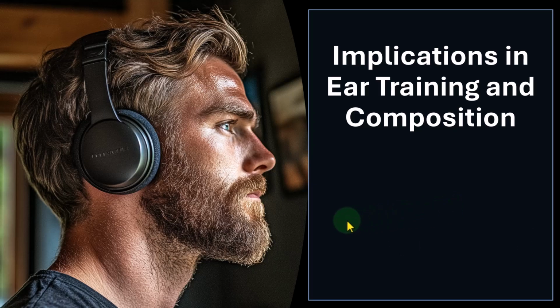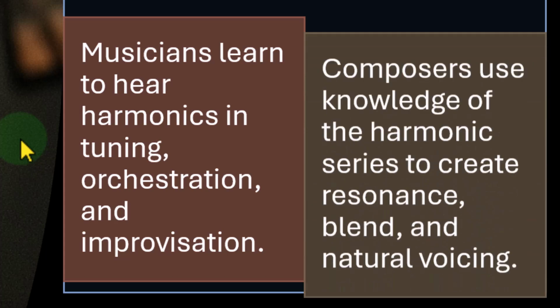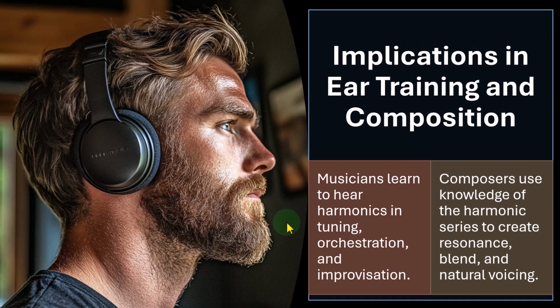So, implications in ear training and composition: musicians learn to hear harmonics in tuning, orchestration, and improvisation, which is one of the things that's, again, crucial to the guitar. And I think that's really a cool thing with, in particular, the guitar, although to a lesser extent, in my opinion, with other instruments as well, in the day of AI. Because I think one of the things that might happen in the day of AI is simple beats can be simulated.